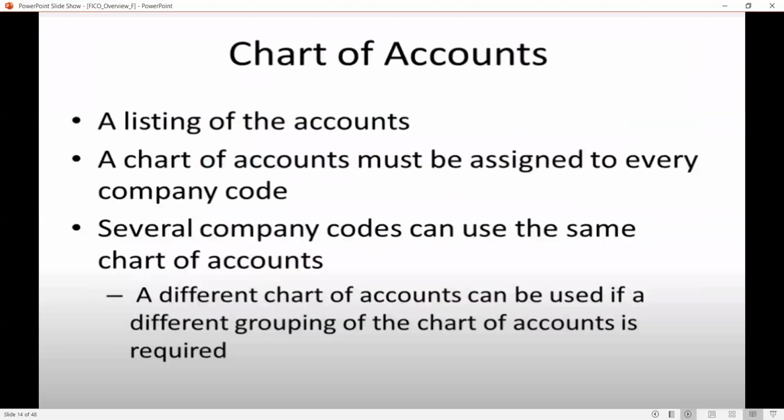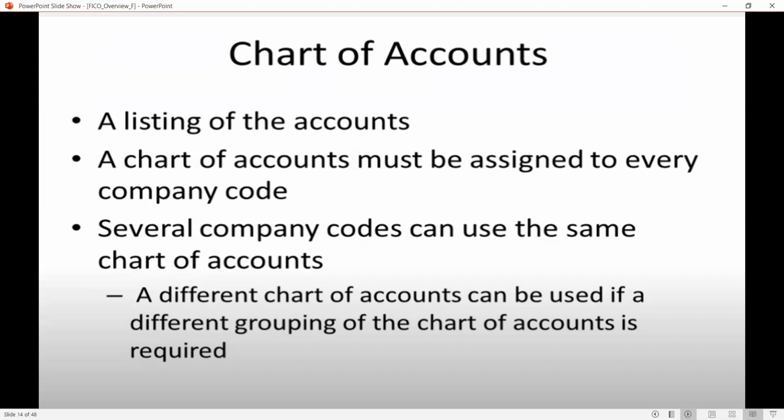So chart of accounts is nothing but a listing of the accounts, and a chart of accounts must be assigned to every company code. So whenever you create a chart of accounts, it should be assigned to a company code so that users can do the transactions in that particular company code. And it is possible that several company codes can use the same chart of accounts.